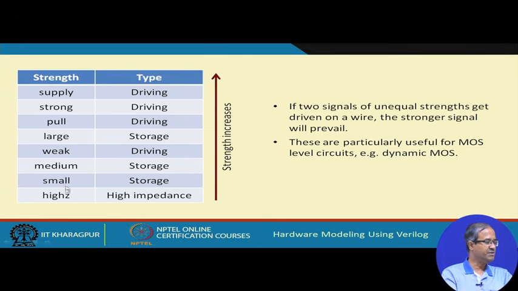So, if I connect 2 points together, and their signal values and strengths are different, then the highest strength signal will dominate. This table just shows you the strength increases in this direction. So, if 2 signals of unequal strengths are driven on a single wire, the stronger signal will prevail, right.